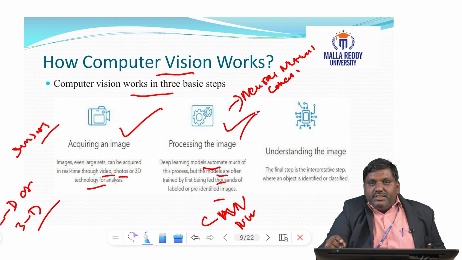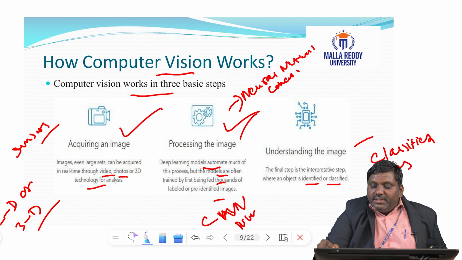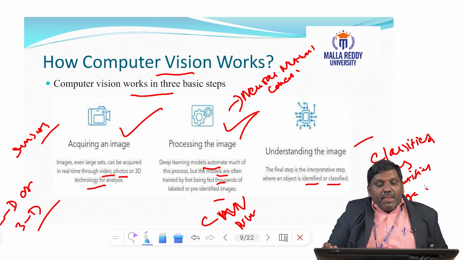Then in the third stage, we are understanding the image. The final step is that the image is classified as well as identified. So this is how our computer vision will work.